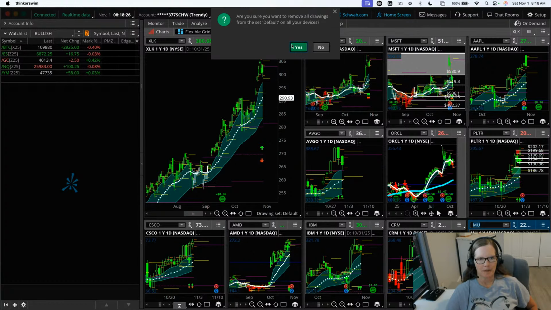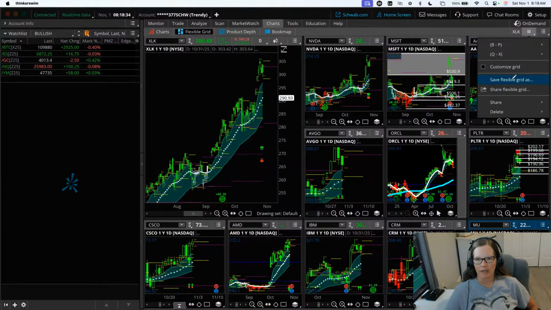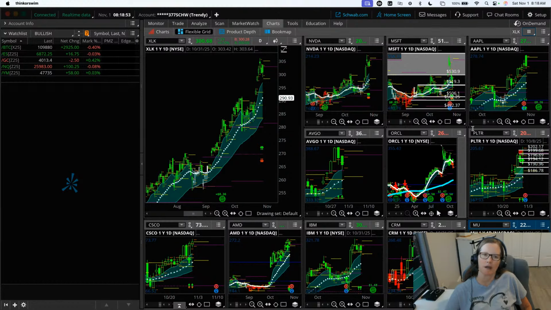Once I have my flex grids all built out, then I don't have to go to ETFDB again. I usually update the top weighted names about once a month. I don't have to do it every single day or every week. They don't change that much, but that's the way that I have a quick list of the top weighted names.